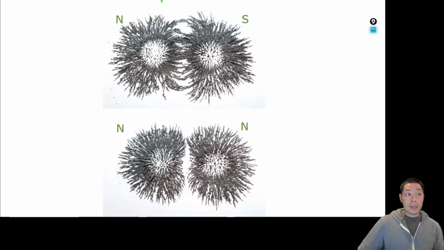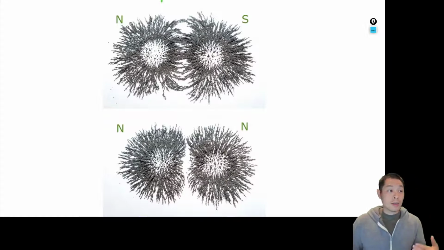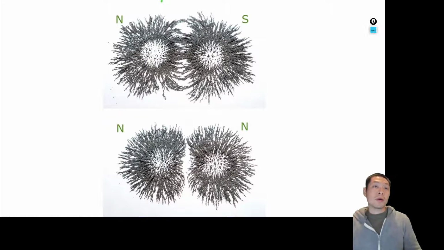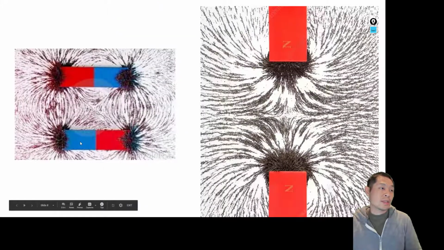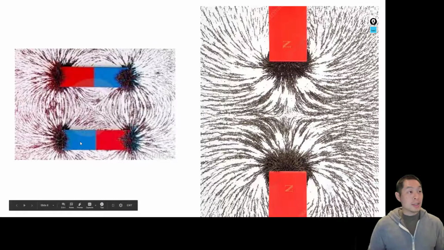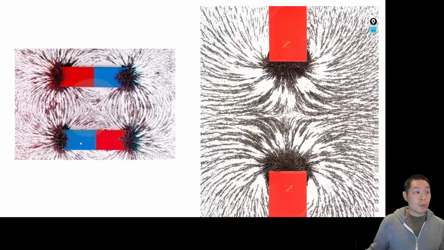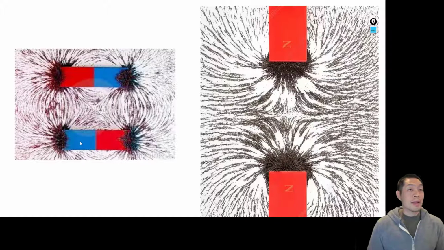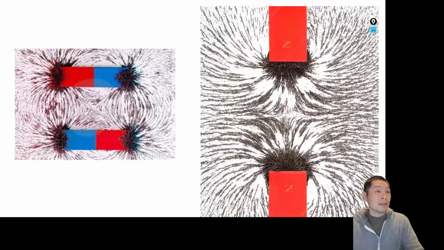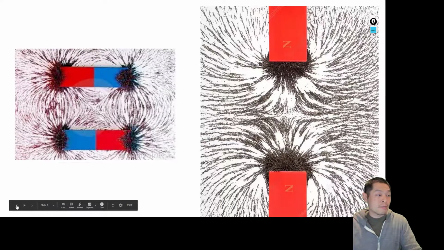So you can see in the first one, the field lines connect to each other, and on the bottom one, they get pushed away. Here is another example of the same thing. On the top, you can see the colors are telling you which ones are north and which ones are south. On the top, they are opposites, and you can see that the lines connect to each other. And on the bottom, they get pushed away. So that's another cool aspect of magnets.